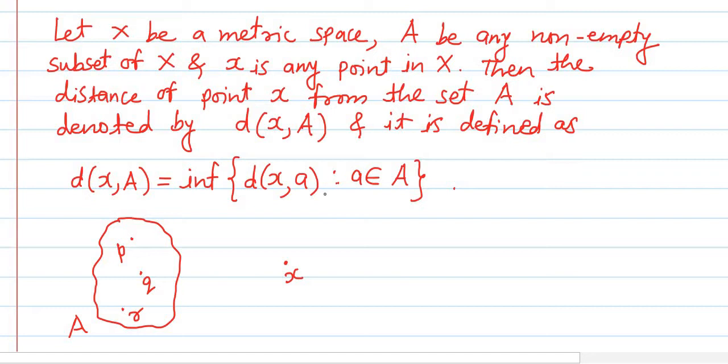Then to find the distance of point x from the set A, we have to consider the distance of point x from each and every point of the set A. Therefore, we will find the distance of point x from the point P, the distance of point Q from the point x and the distance of point R from the point x. Of all such distances, whichever is the infimum, that infimum of this set is called the distance of point x from the set A. So in this way, we have defined the distance of a point from a set.